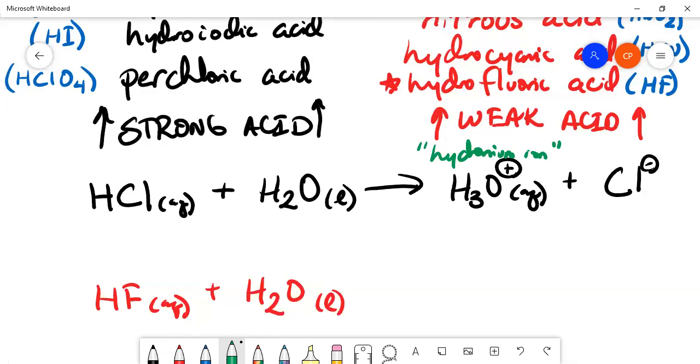We're going to find, as we do chemistry going forward with acids and with bases, that the presence of the hydronium ion is going to be our signature for the presence of acid behavior. Okay?